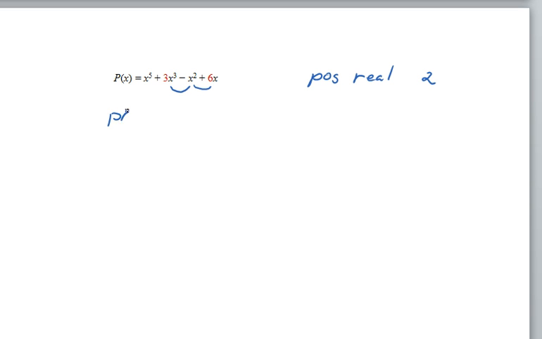For p of the opposite of x, we'll have minus 1 times x to the 5th, minus 3 times x cubed, minus x squared, plus 6x.